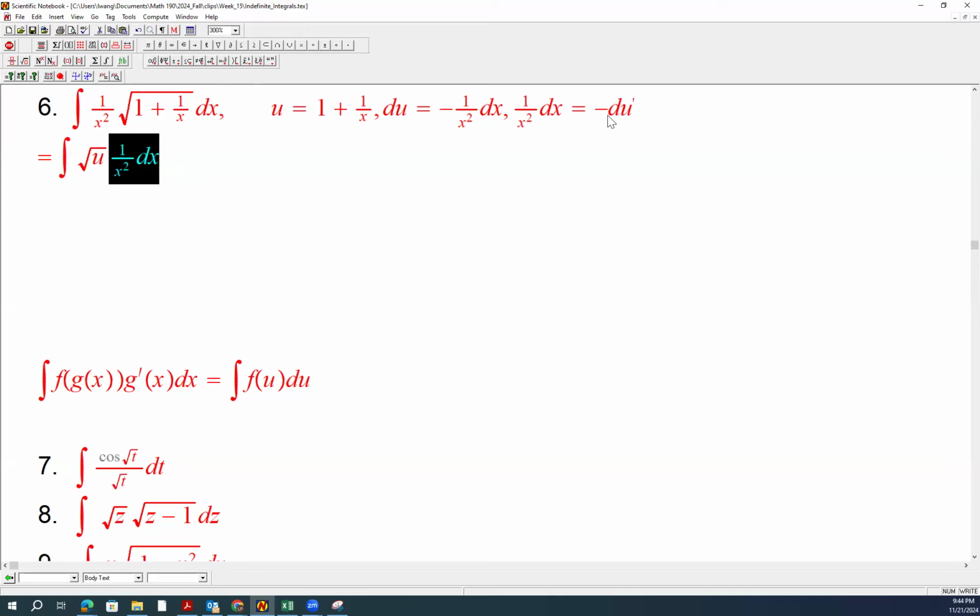That piece is negative du, so this piece will be replaced by negative du. Be sure that you have the parentheses, because if you don't have the parentheses, that's a mistake. So you either show it this way or bring the negative sign in the front.